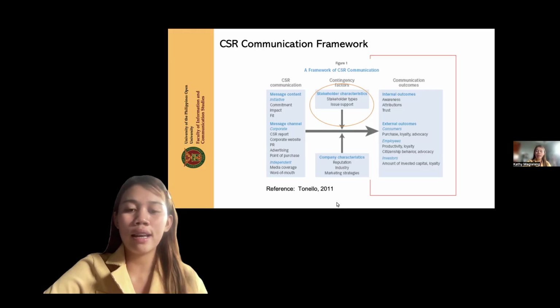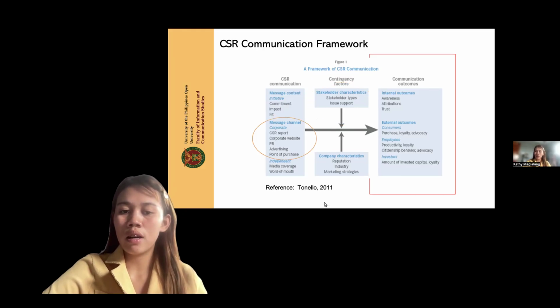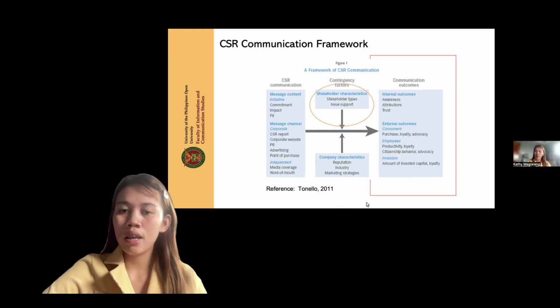Stakeholders can be classified as internal, such as employees and management, and external, such as customers, investors, communities, and regulators. Each group has different expectations. For example, investors require detailed data, while employees need motivation and involvement. Hence, organizations must define and cluster their audience before communicating CSR.